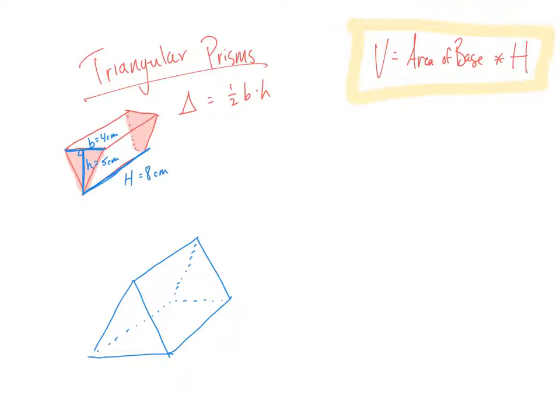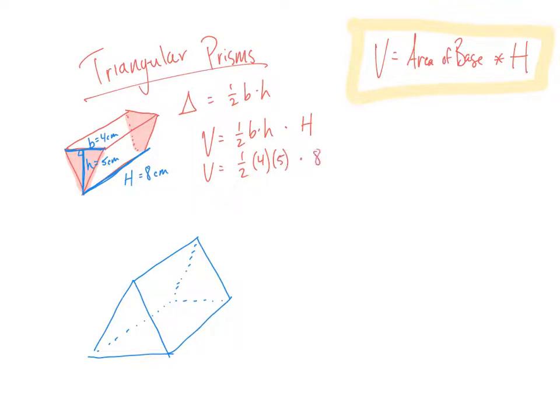So again, for our triangle, the area of the base is 1/2 base times height. And so for this one, our volume is 1/2 base times height times the whole height of our Toblerone chocolate bar for this example. So we can use 1/2 base, which is 4, and our height, which is 5.